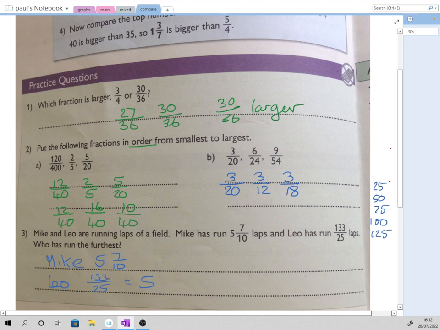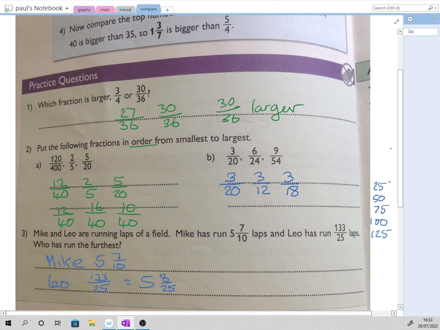So I've got 8/25. Now, so we've got 5 7/10 and 5 8/25.